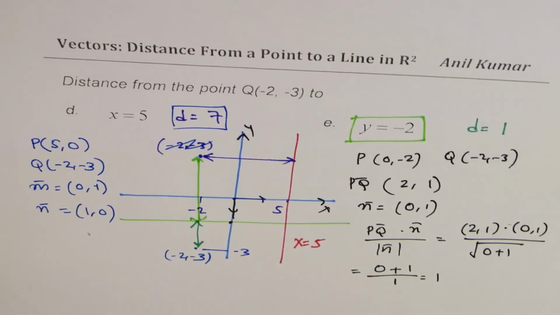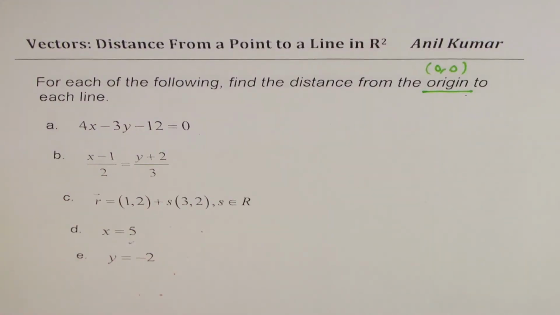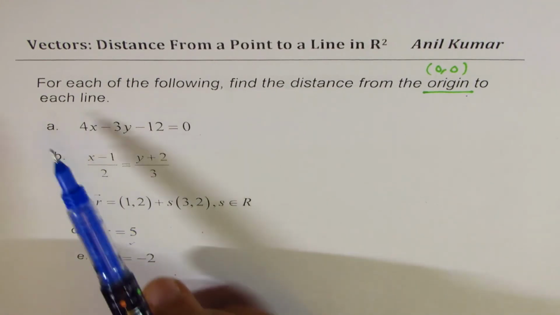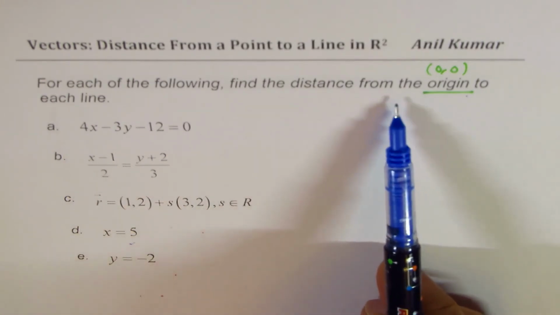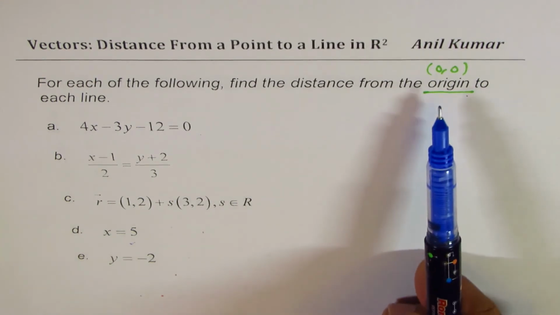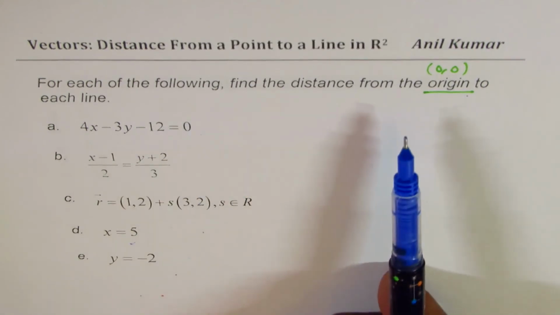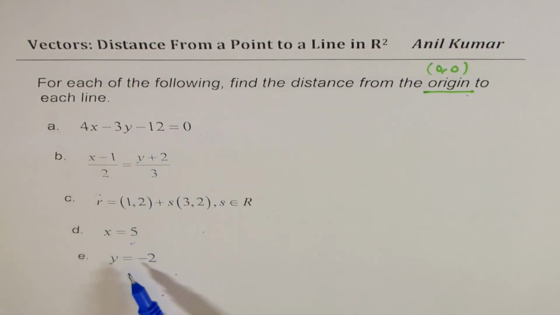Okay, so now let's take up the other two questions. Now the question for you is, for each of the following, find the distance from the origin to each line. So we have kept the same lines. The only thing is point Q has been changed to the origin, correct? Now if that is the case, what are the answers for each?